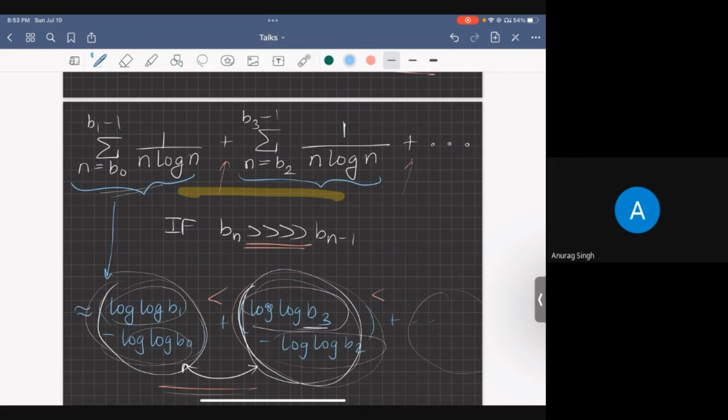Hold on. Yeah, it's from this. Put the source in the chat.